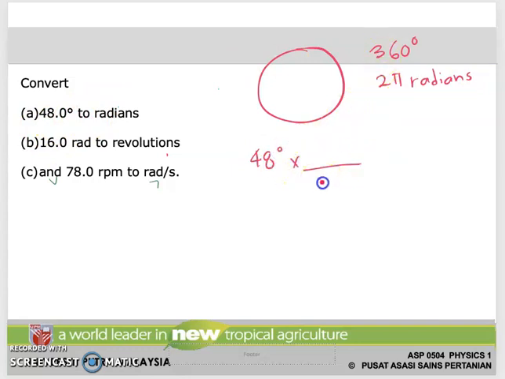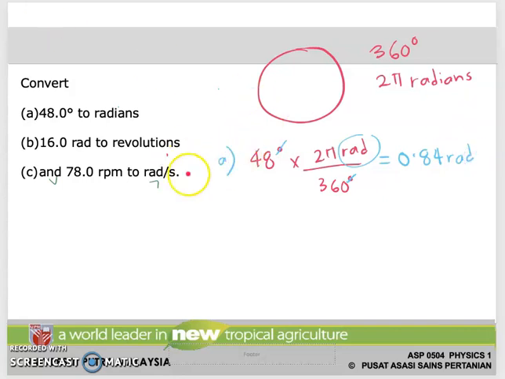So the degrees should be below and the radians should be above. Then I can cancel out degrees to give me the answer, which is 0.84 radians. That is part A.